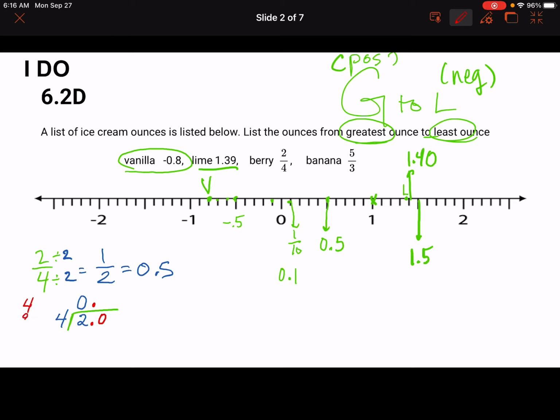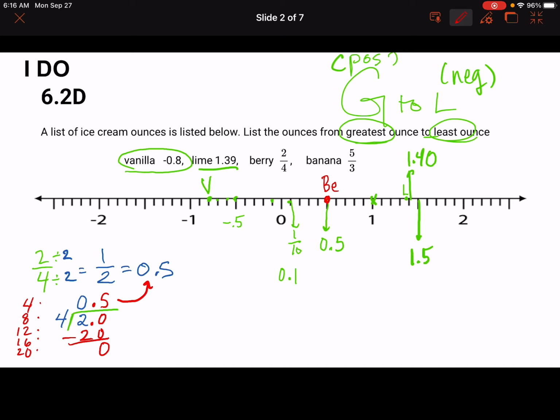Let's count our multiples of 4. 1, 2, 3, 4, 5. So we've also got 5/10, which is right here. We'll label it BE.